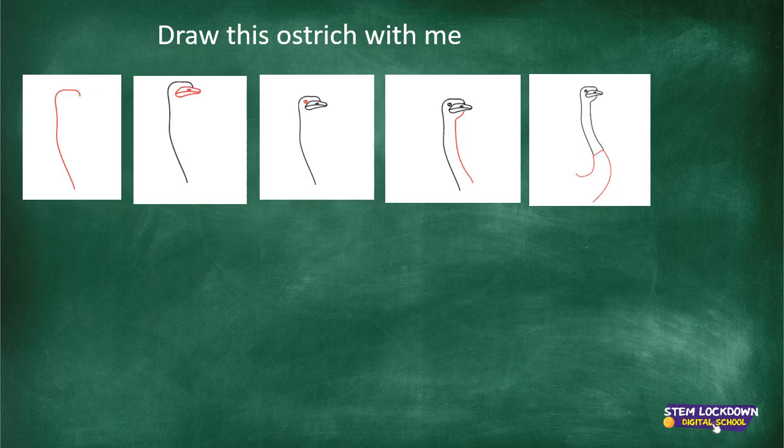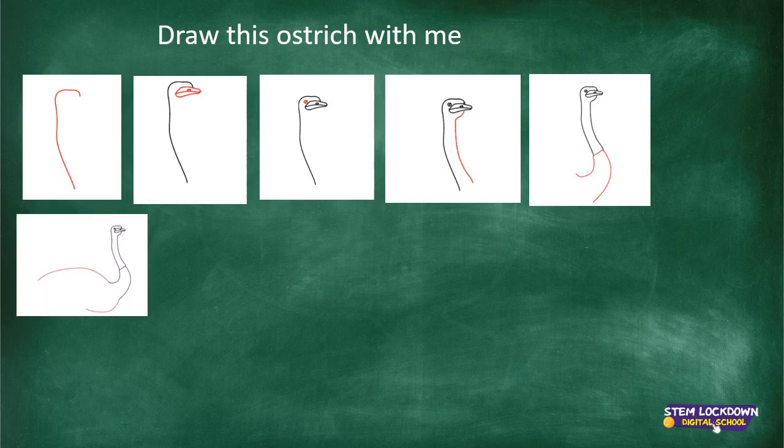Now we're getting down to the actual body of the ostrich. Can you draw that? Let's draw the body part now, the back, covered in feathers.